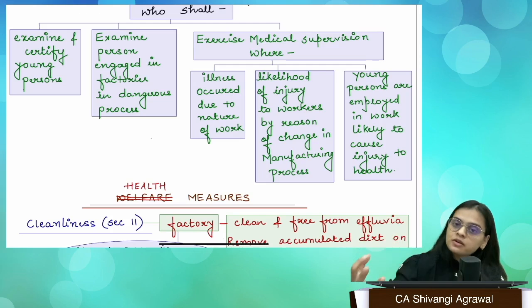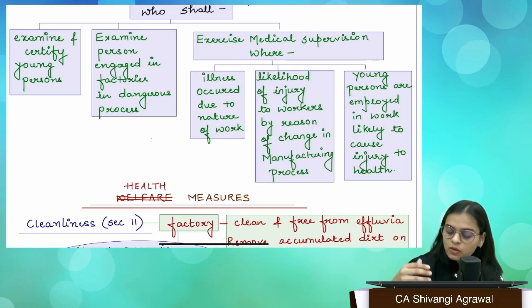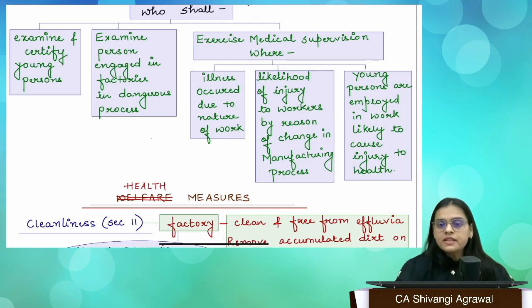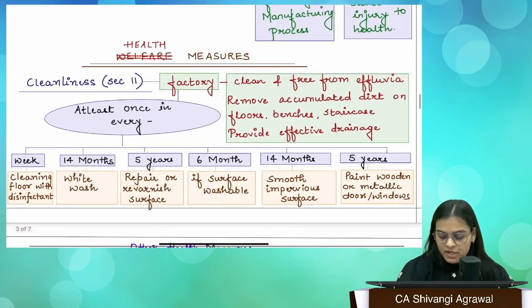We have to take extra care of young persons, but if at all they are employed in work which might cause harm to their health, then there also you need to exercise medical supervision. Okay, clear? Fine.